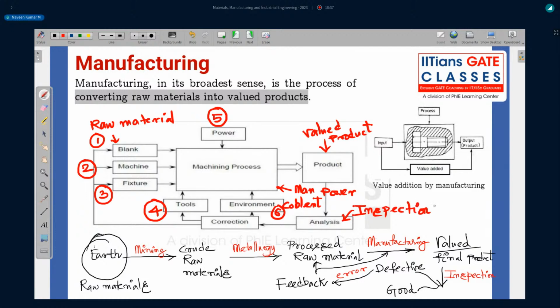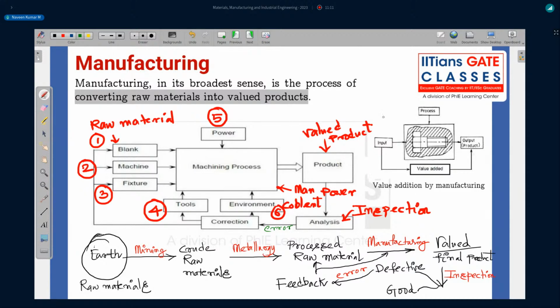That analysis will find some error, and that error can go into the correction, and that correction will be sent into the environment, tool, fixture, machine, blank, etc. Okay, so this is the complete understanding of manufacturing, where we can convert raw material into the valued product.